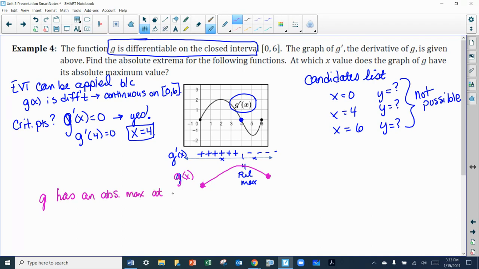I can't say what it is, but I can say where it is, at x equals 4, because g of x increases on 0 to 4, and then decreases on 4 to 6. And that is enough to state that it's an absolute max.